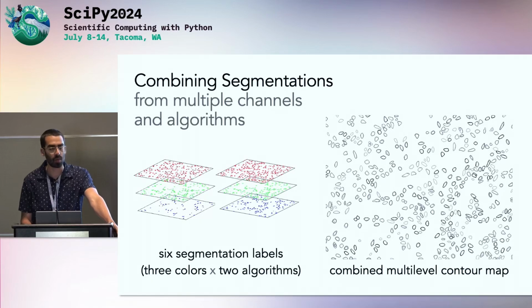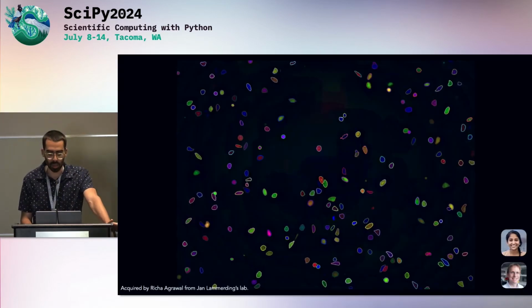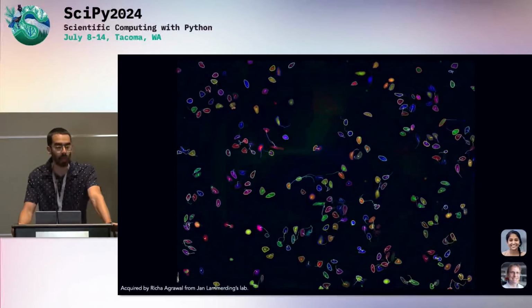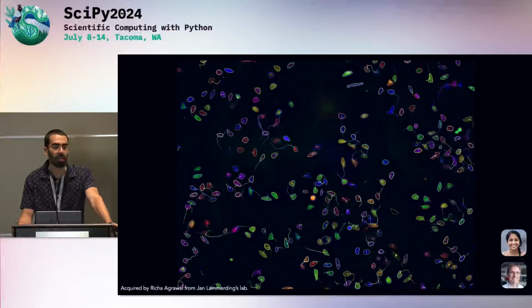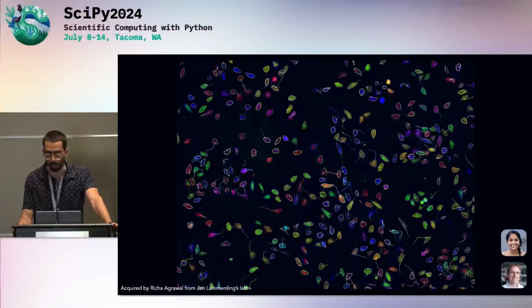So we get these 6 segmentation masks, combine them into their own contour map here, and then we just run our tracking. And we are able to track even in this environment where we have several cells.